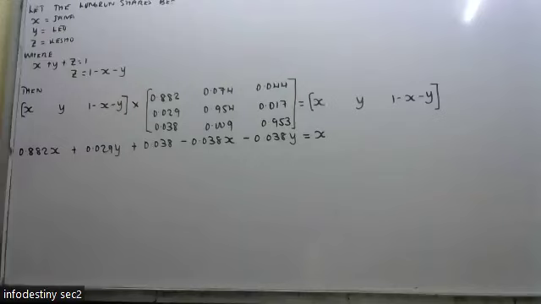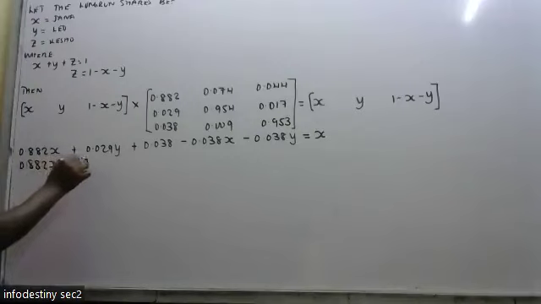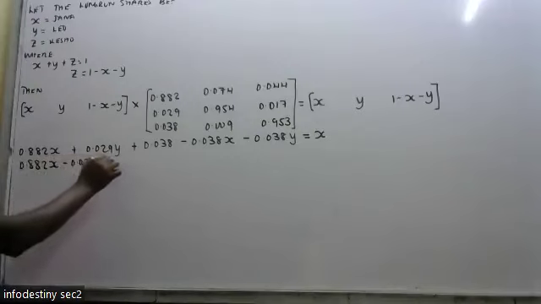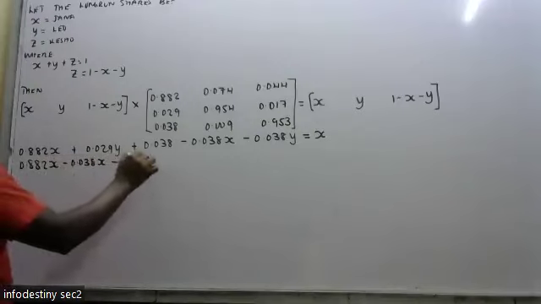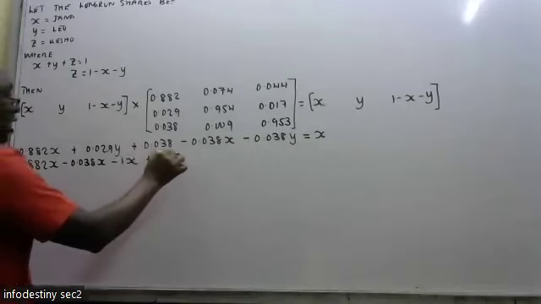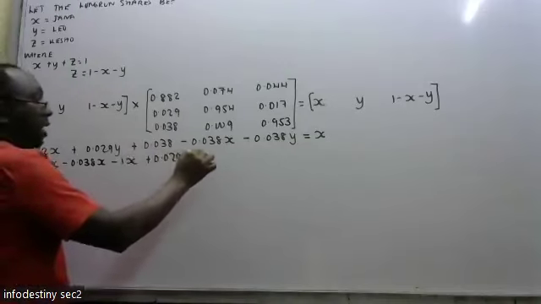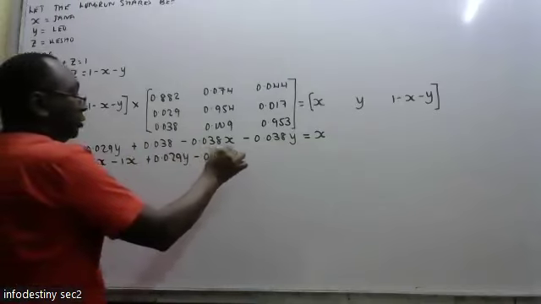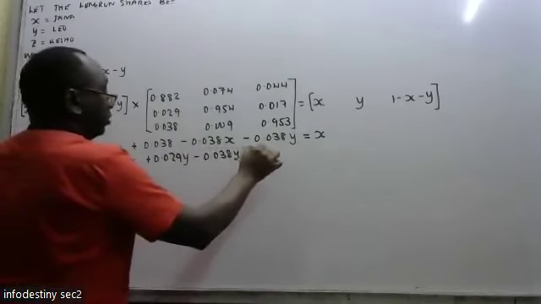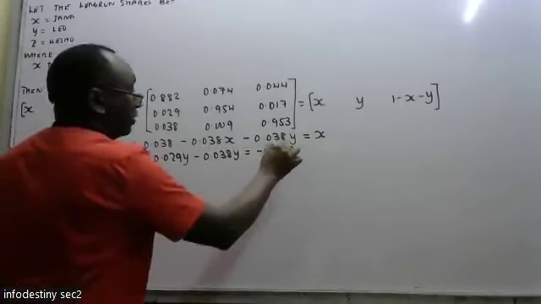We put like terms together. For x, we have 0.882x minus 0.038x minus 1x plus 0.029y minus 0.038y is equal to minus 0.038.